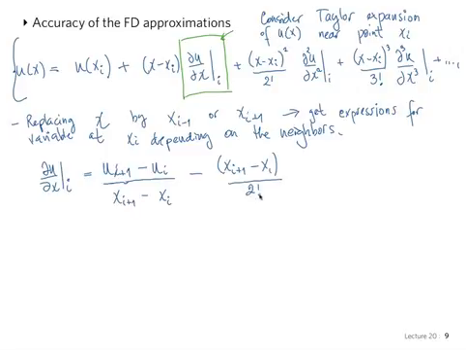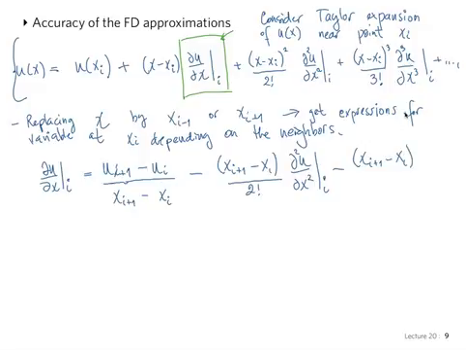We still have the 2 factorial though, and I have the second derivative, d²u/dx² at i. Minus the other term, x_{i+1} minus x_i.